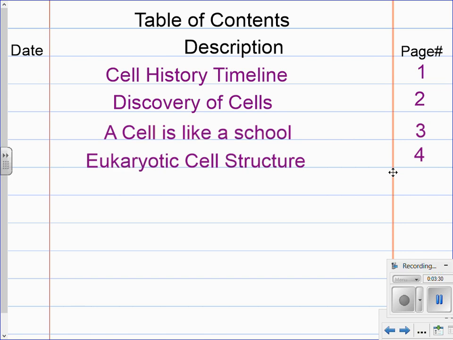So everyone hold up the sheet that says Eukaryotic Cell Structure. And then you are going to glue that on page 4. So remember 4 is on the right.